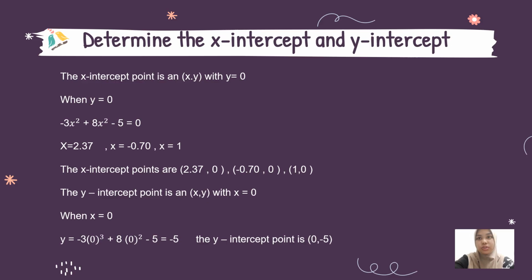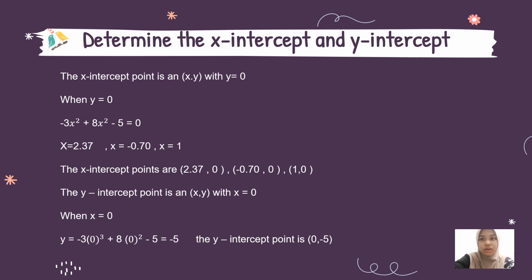To determine the x-intercept and y-intercept: the x-intercept point is (x, y) with y equal to 0. When y equals 0, negative 3x^3 plus 8x^2 minus 5 equals 0. So x equals 2.37, x equals negative 0.70, and x equals 1.